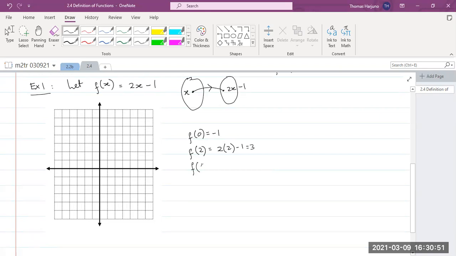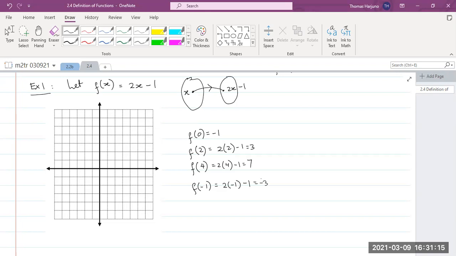What else? f(4) is 2 times 4 minus 1, that's 7. f(-1) is 2 times -1 minus 1, that's -3. Okay, those are some coordinates that satisfy that function, right?